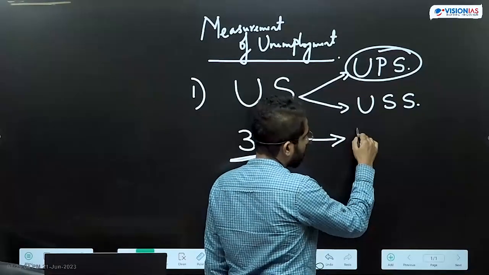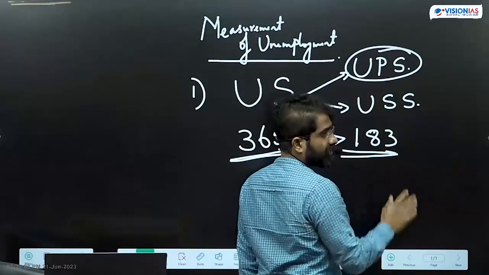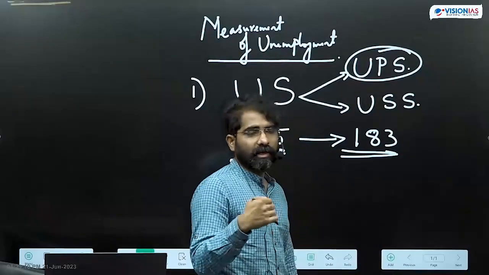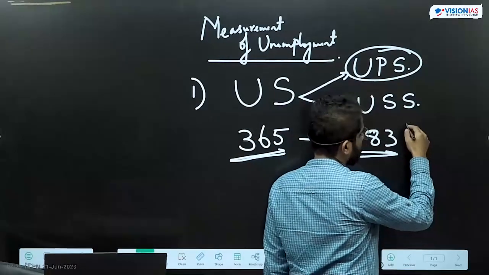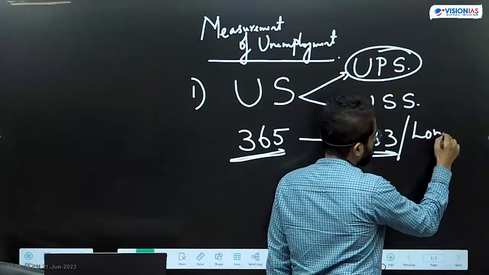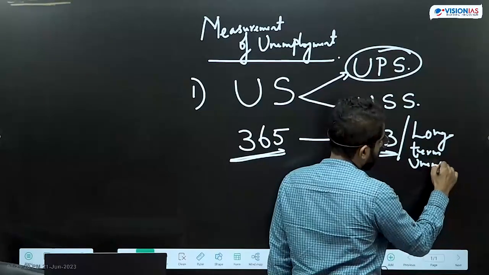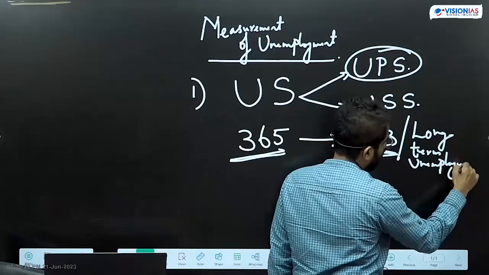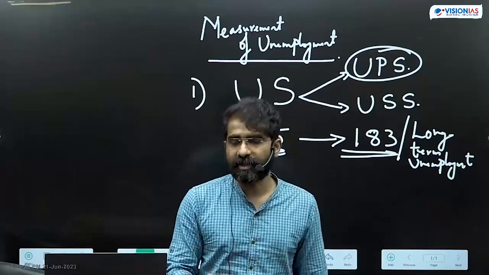And if somebody is unemployed for a period of 183 days, that is around 6 months, then you decide that it is long-term unemployment. So you take a reference period of 1 year prior to the date of survey.